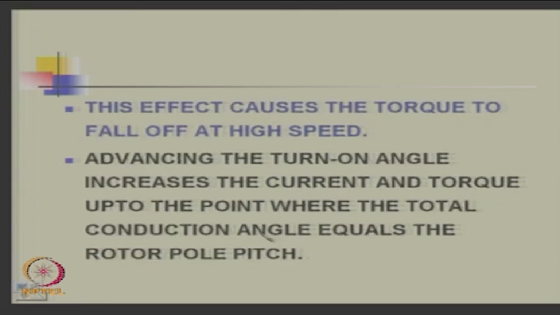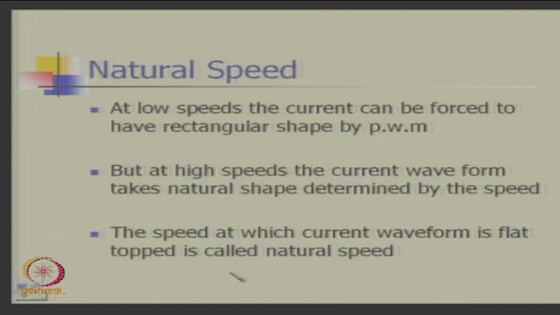This effect causes the torque to fall off at high speed. Advancing the turn on angle increases the current and torque up to the point where the total conduction angle equals the rotor pole pitch. So, the switching is important. Now, at low speeds the current can be forced to have a rectangular shape by PWM.